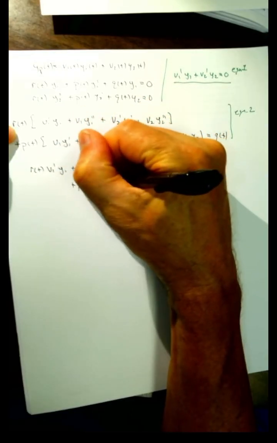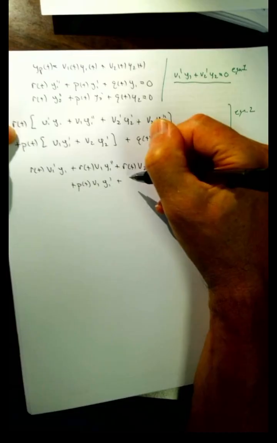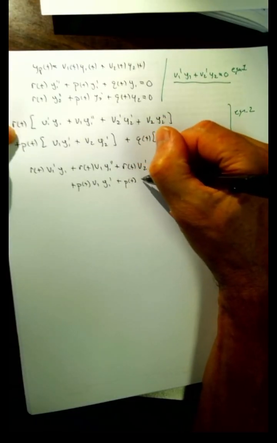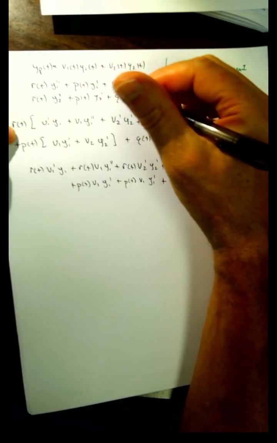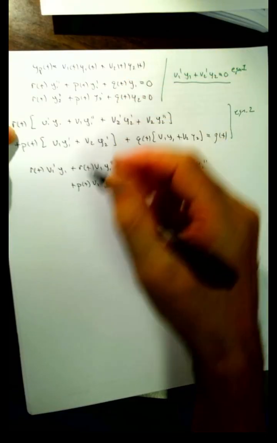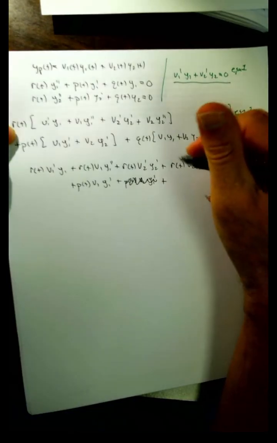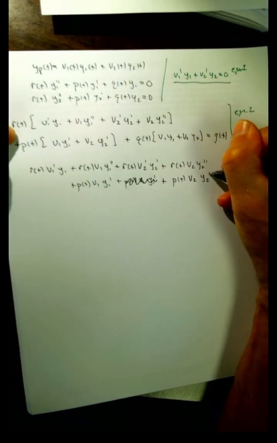So this is going to be plus p of t v1 y1 prime, plus p of t v2 y2 prime.